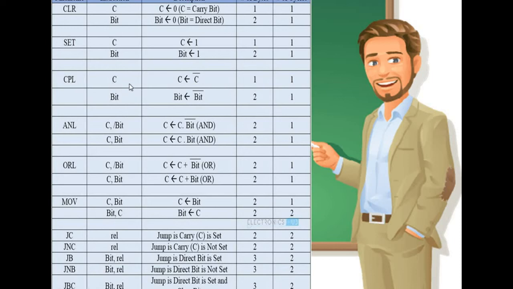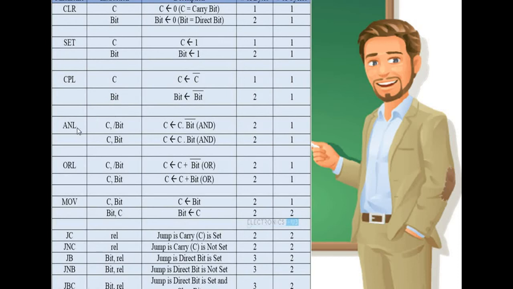Complement carry means we are complementing the carry value. If the carry value is 0, then after performing CPL C the value becomes 1; if the value is 1, it becomes 0. Similarly, complement bit chooses a particular bit and complements it. If it is 0, the value becomes 1, and if it is 1, the value becomes 0.